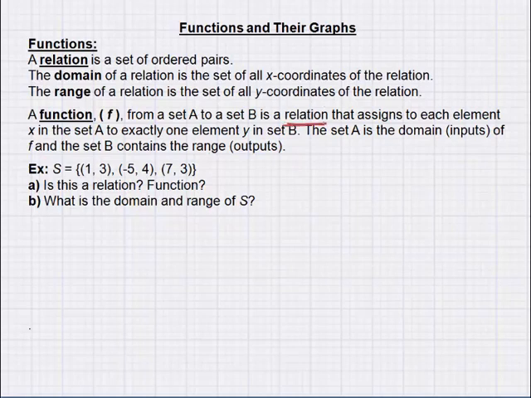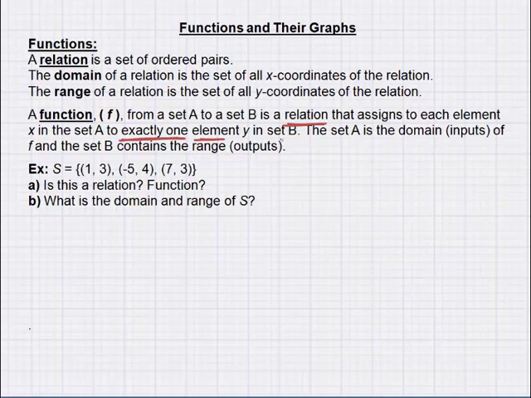That means it's a set of ordered pairs, and it groups the ordered pairs in a specific way, such that each element in the domain gets matched to exactly one element in the range. And this is a key word: exactly one element in the range, or the second set.